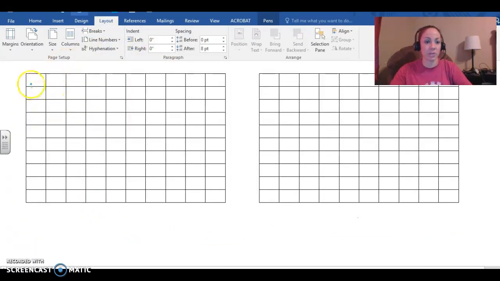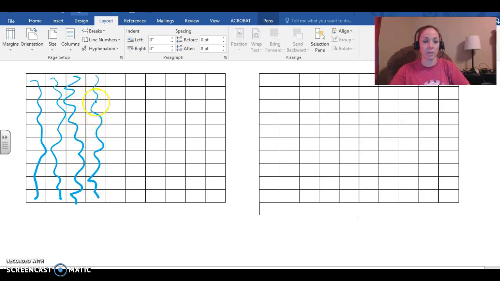We're going to use this first hundreds grid, and we're going to mark off 57 of the boxes. So there's 10, 20, 30, 40, 50, and 1, 2, 3, 4, 5, 6, 7. There are the 57 boxes that we've colored.